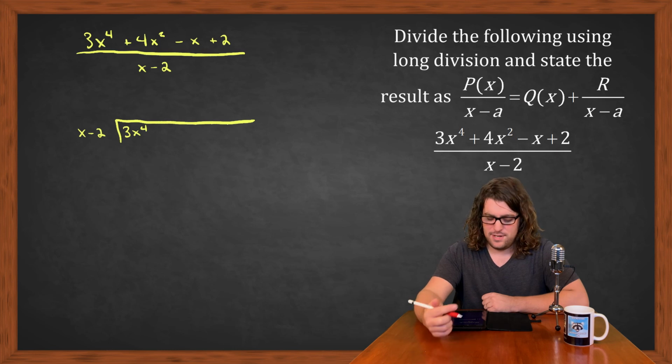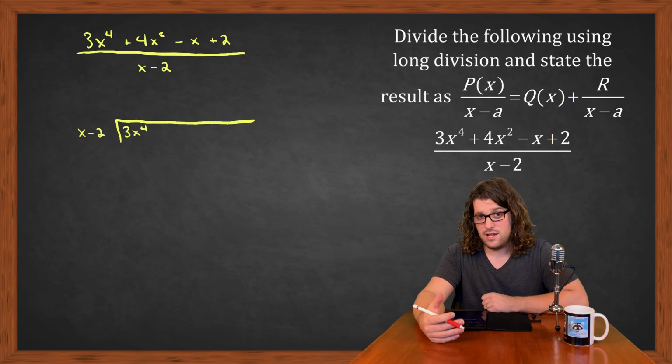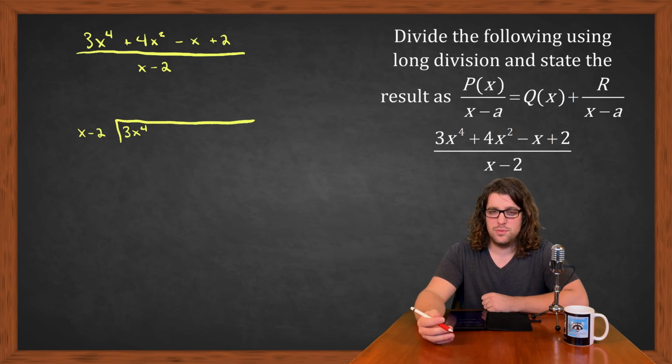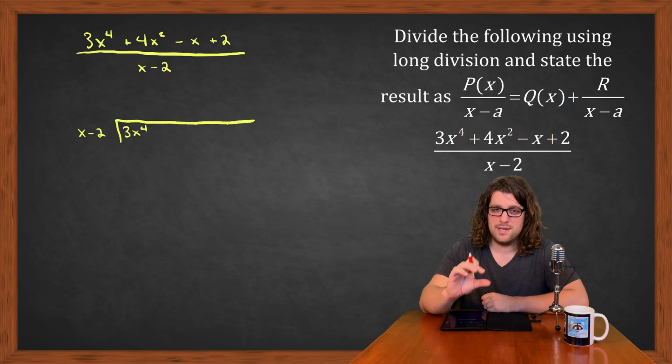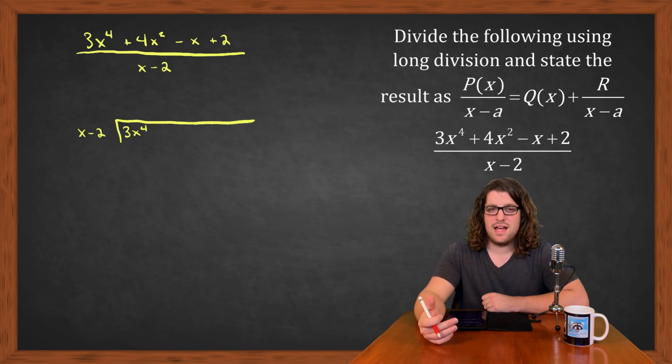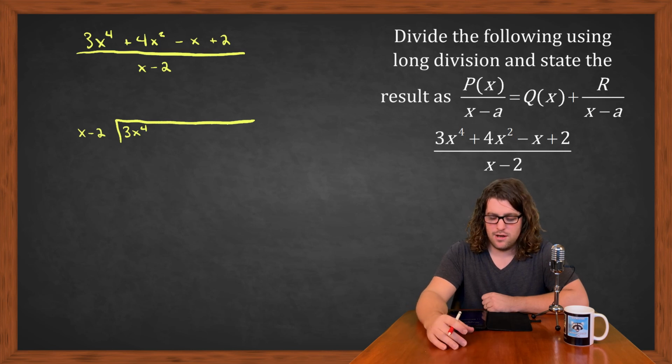And the constant part of the linear divisor is going to multiply by that cubic part of our quotient, and it's going to create a cubic piece. And so if I naturally have a spot for that cubic piece to go, it's pretty easy to keep organized.